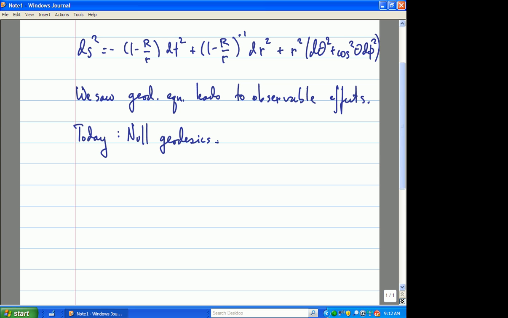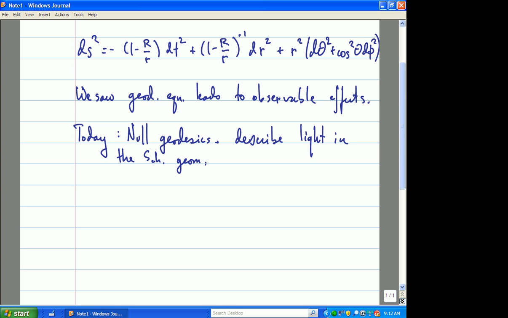So what is a null geodesic? A null geodesic is a geodesic that moves in a light-like rather than a time-like direction. And so the null geodesics will describe the motion of light in the Schwarzschild geometry.